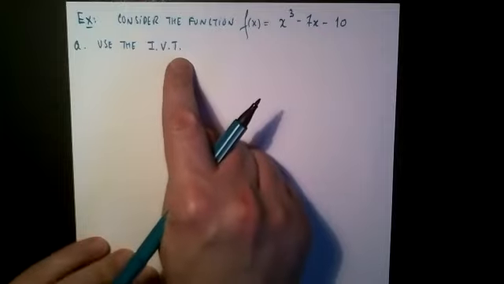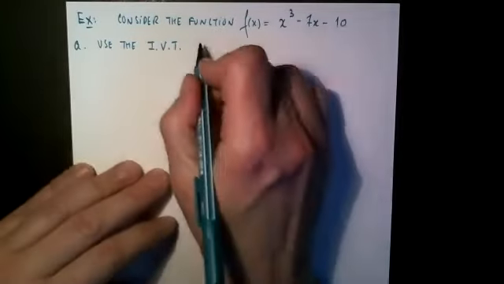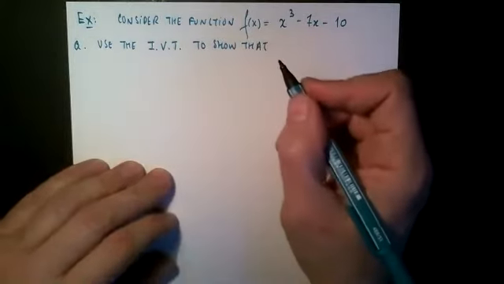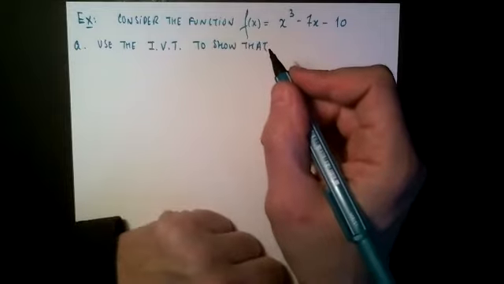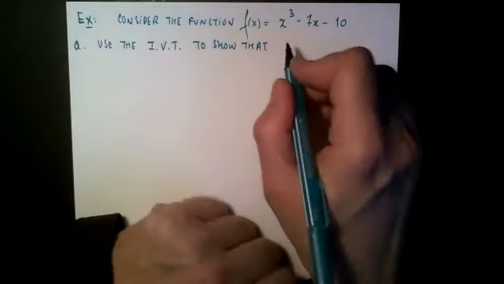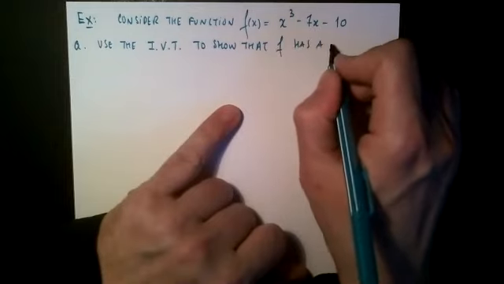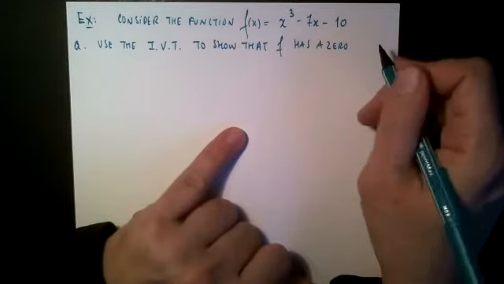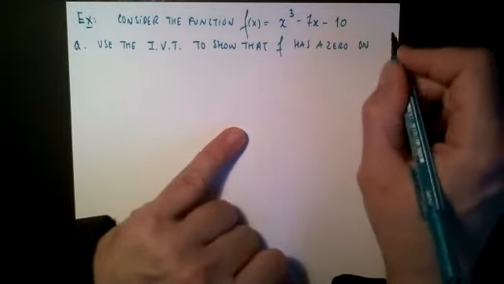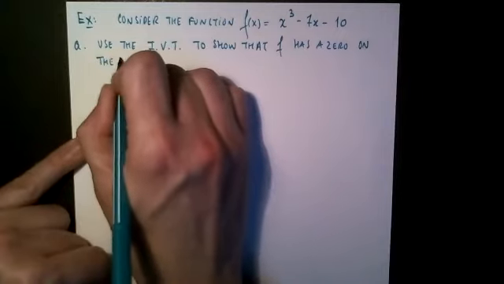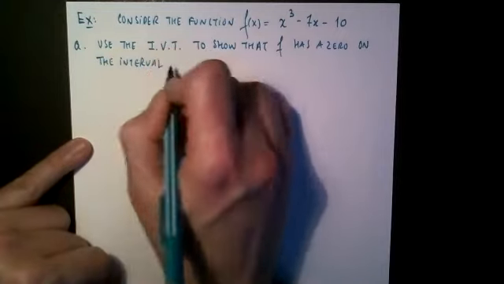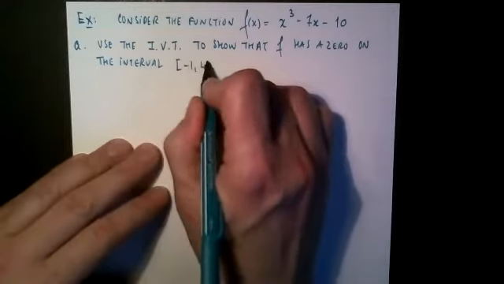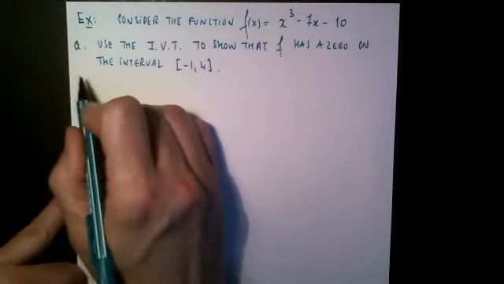Okay, IVT, remember, is the intermediate value theorem, to show that f has a zero on the interval, so let's say -1, 4. First question.